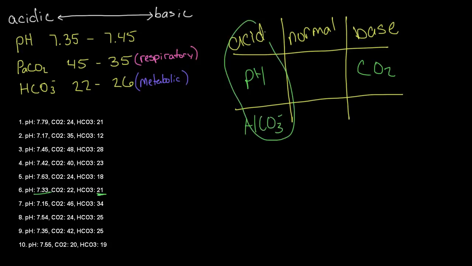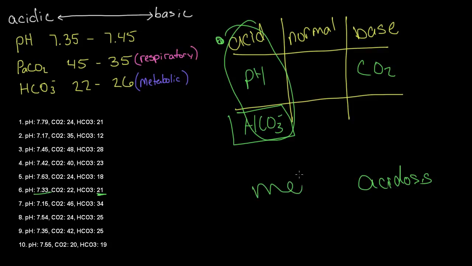This is our tic-tac-toe, so it's acidosis, because that's in the acid column. Our parameter that made it up is metabolic. Our HCO3 is metabolic, so this is metabolic acidosis. And our opposite parameter is partially compensating, because it's in the opposite column.